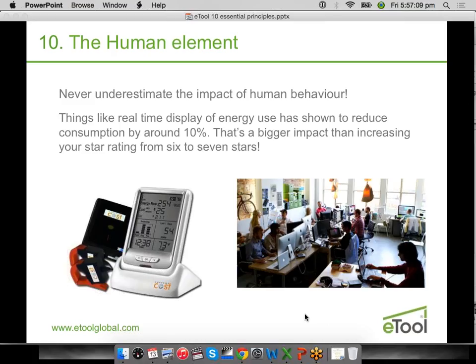So those behavior change programs, having that information on display, you get alarms on your phone if your weekly use was higher than last year. You can get comparative feedback, you can compare your energy use against the average for the apartment complex.